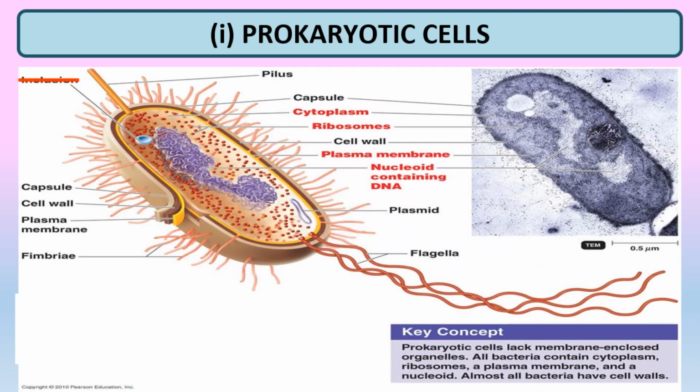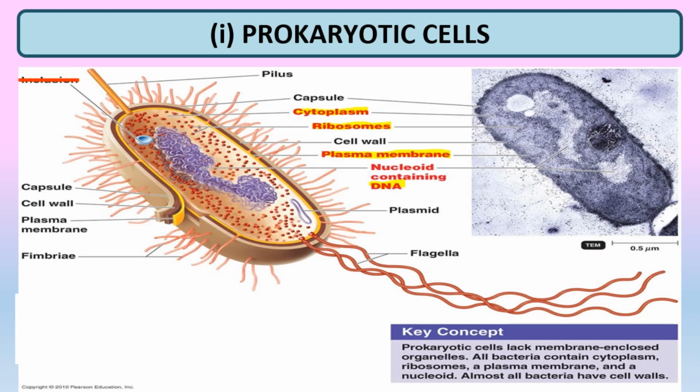In this slide, it is shown that not all bacteria have all the structures labeled in red. Cytoplasm, ribosomes, plasma membrane, and DNA are found in all bacteria.